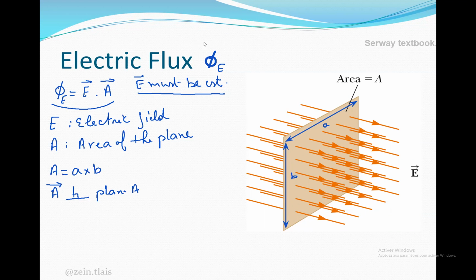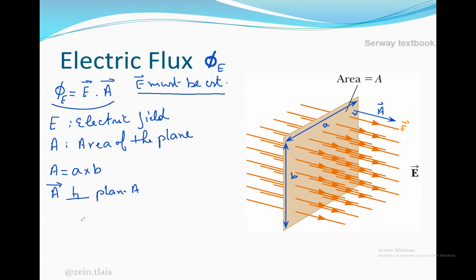So we have this plane and A is like this. The angle is equal to 90. In our case here, E and A have the same direction.